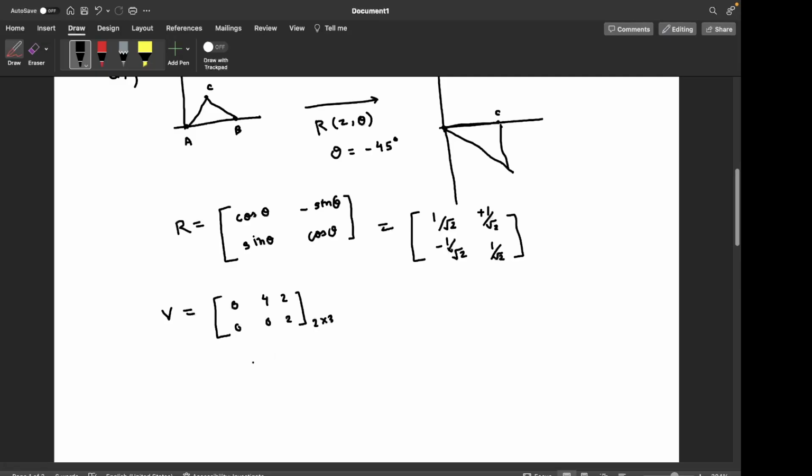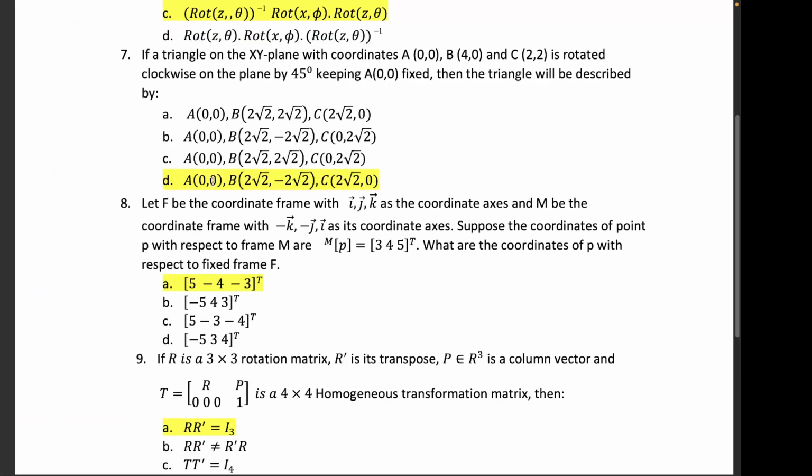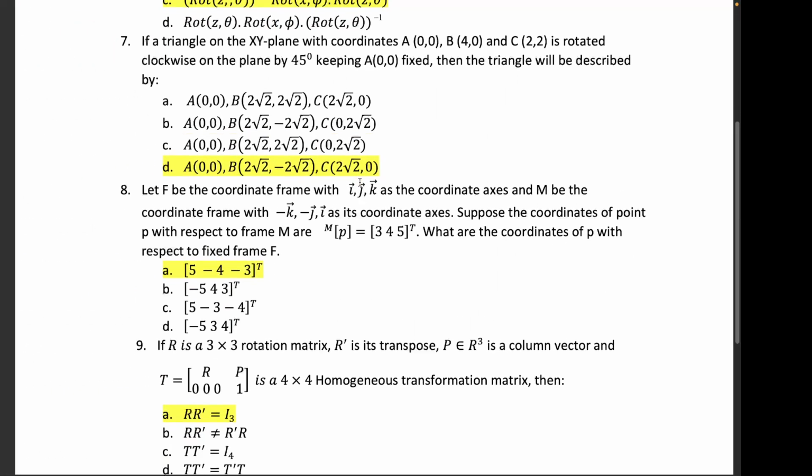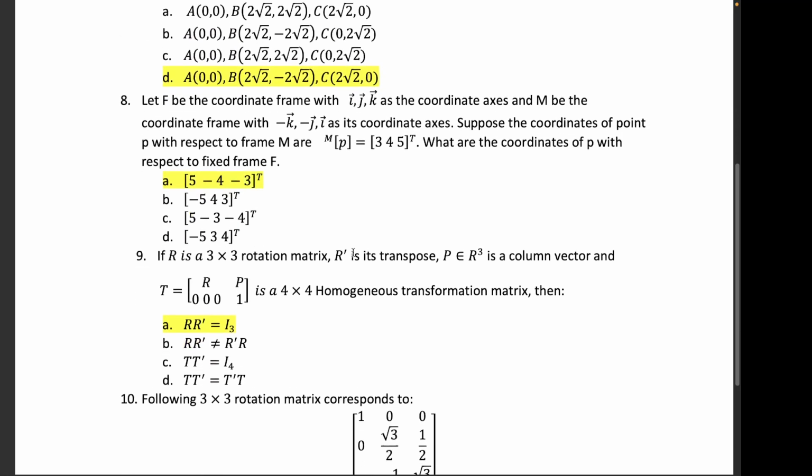Now we can find the new vertices. V dash is equal to R into V, right? So you can put the values of R and V and just do matrix multiplication to get the new coordinates. Similarly, this works for any other shape also. So if you multiply, we can get the coordinates of the rotated triangle.